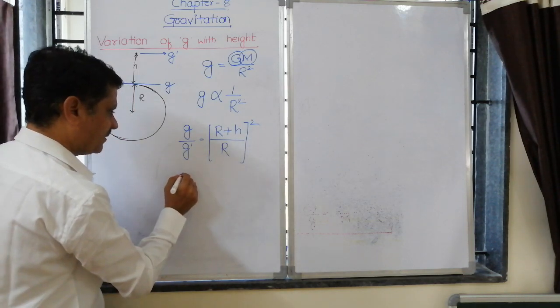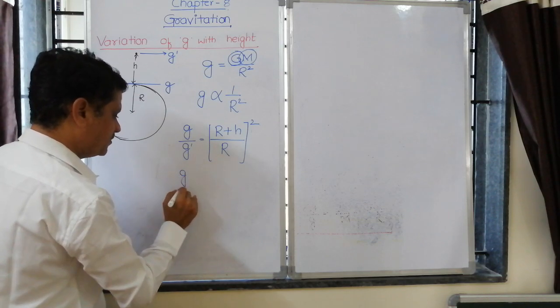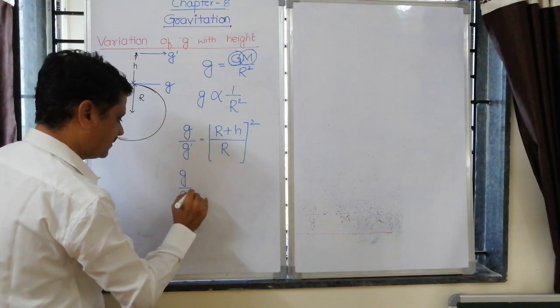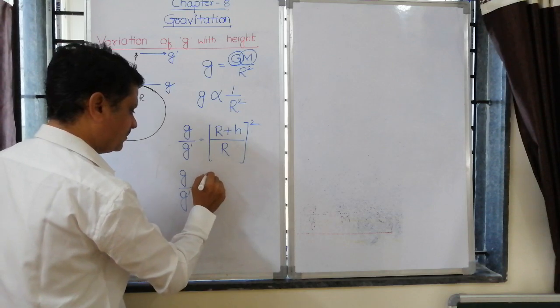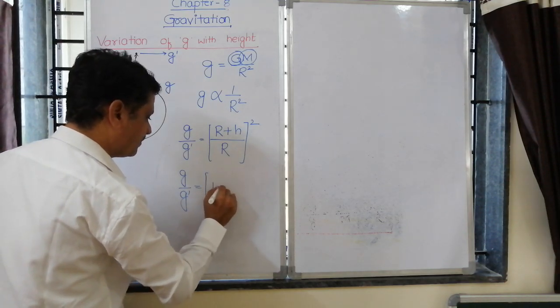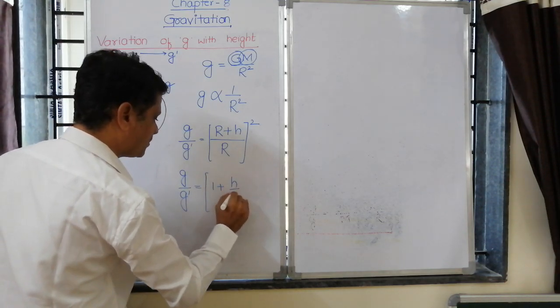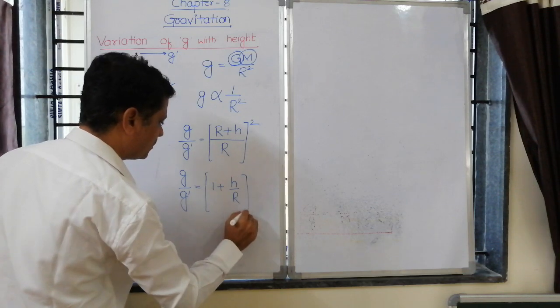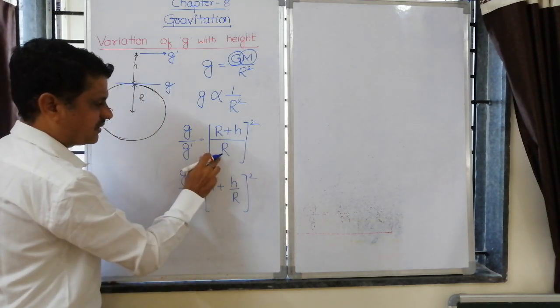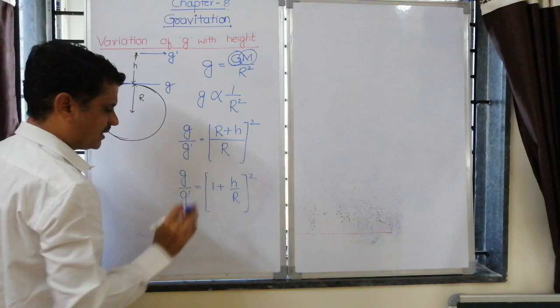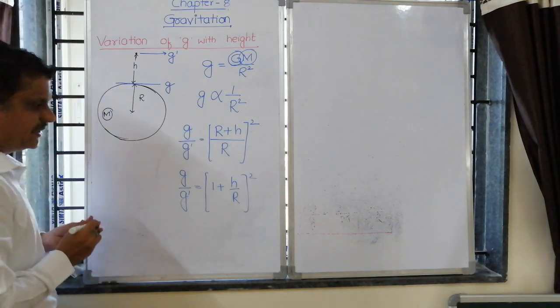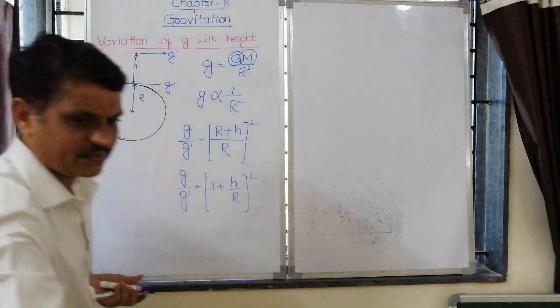If you simplify, g by g dash is equal to (1 plus h by R) whole square. Here R by R is 1, plus h by R. Today I am interested in g dash.